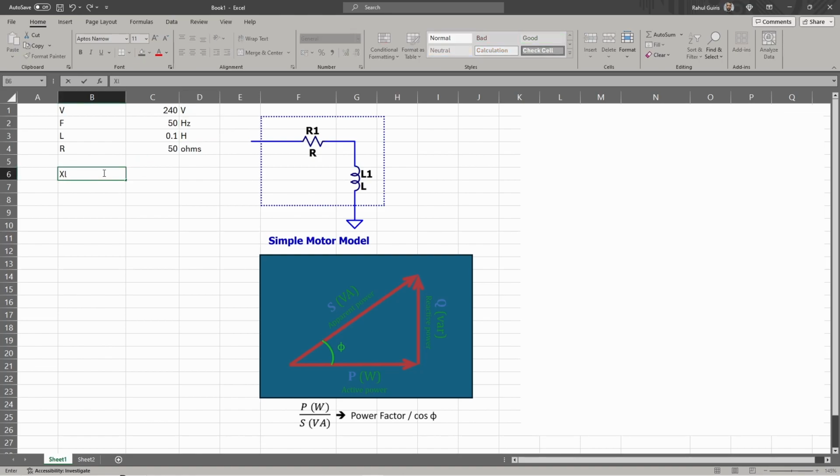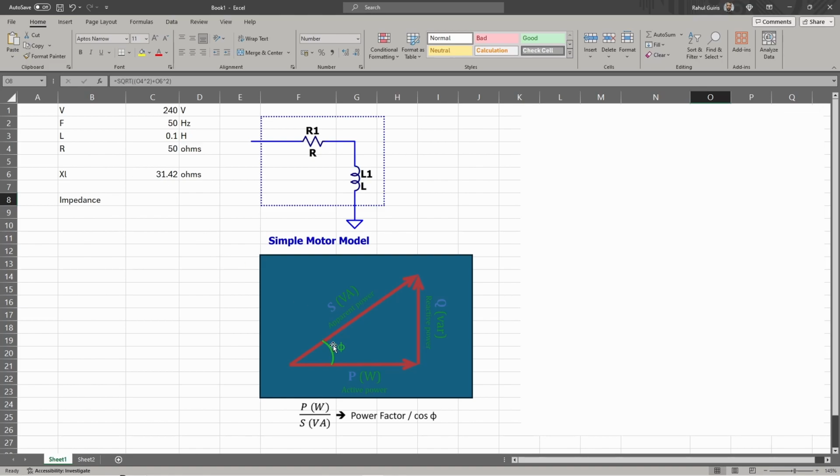Now let's look at the reactance of an inductor, which is equal to 2 pi, so 2 times pi times F times the inductance. So we get an inductive reactance value of 31.42 ohms. Next, we can look at the total impedance of this circuit, which is not as straightforward as doing the resistive component plus the inductive component.